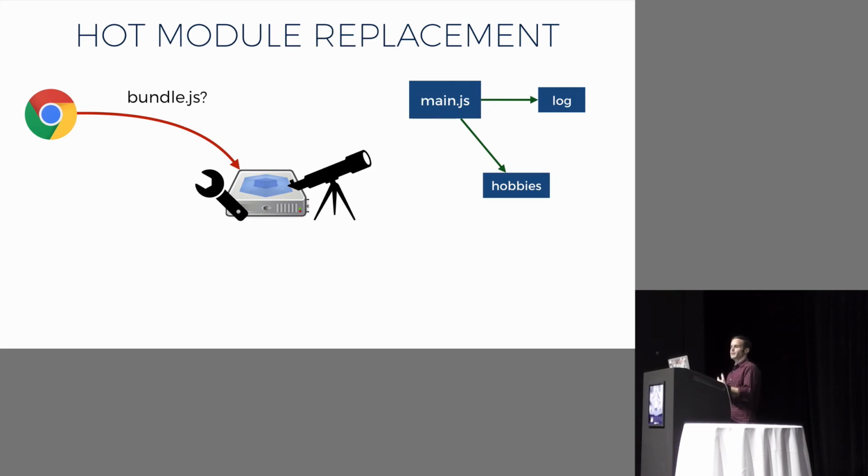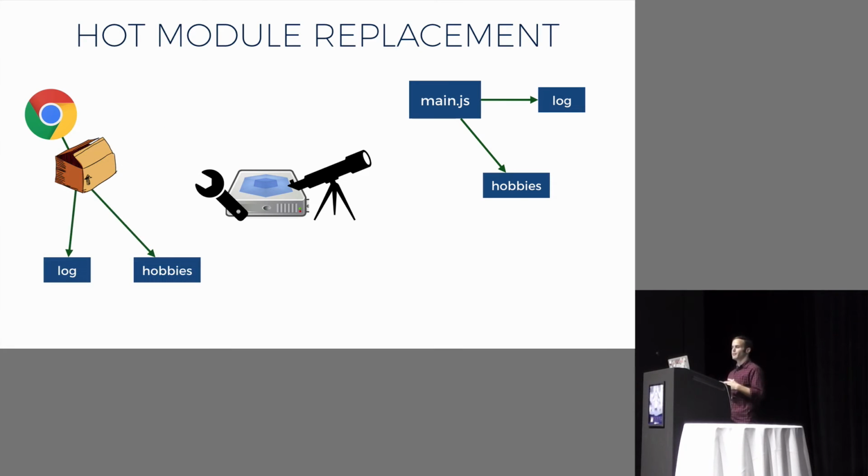So at a high level again, the browser is going to request a file, we'll get the bundle sent down to it. But let's think about what was sent down. Remember, we still have all of our original modules in that modules array in this bundle file.